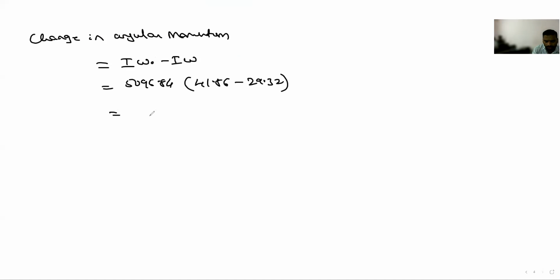Calculate. It is in Newton second, angular momentum. This is the answer for both cases.